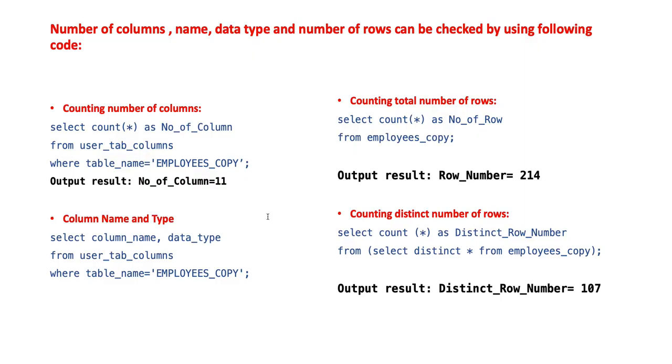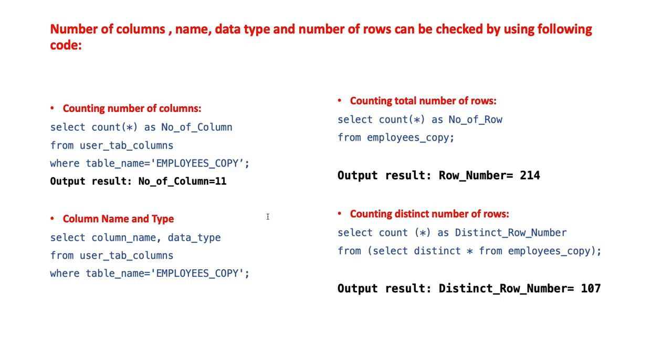First, counting the number of columns. To count the number of columns, we use the count function. We start with select count(*) as number_of_column from user_tab_columns, where table_name we have to provide inside the code.